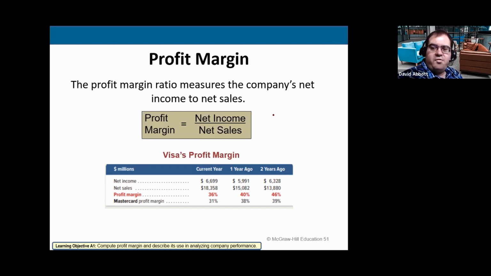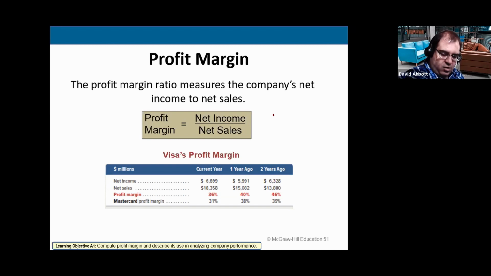So that works out to a profit margin of 36% in the case of Visa. That's compared to about 31% for MasterCard. So you can see that Visa's profit margin is quite a bit higher than it is for MasterCard.